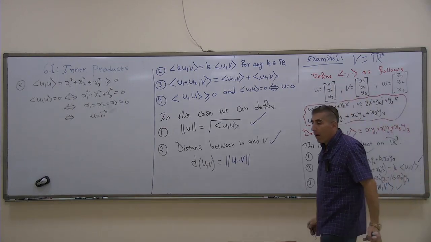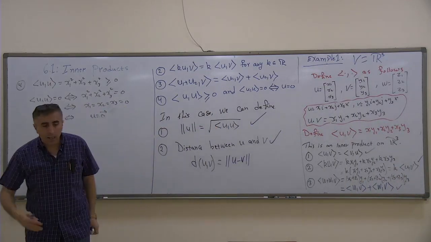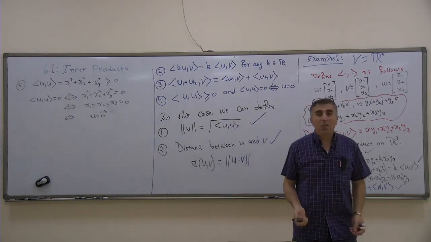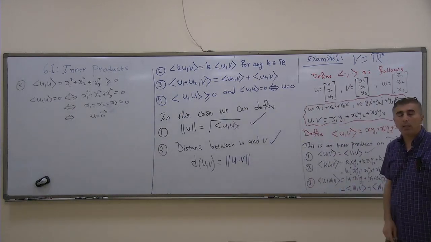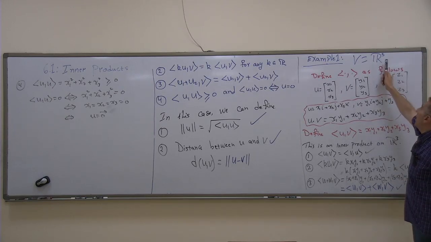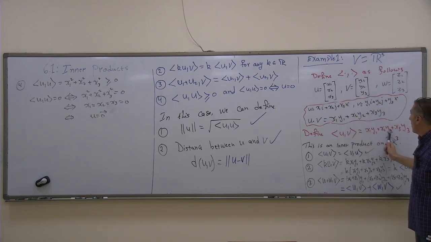This inner product, actually we are using it from our early math days, and that is called the Euclidean inner product. So whenever you talk about Rn, right away you can define easily an inner product. It is the Euclidean inner product.